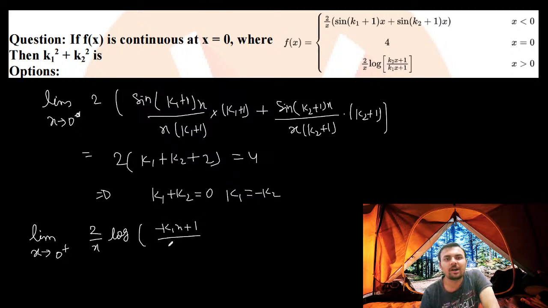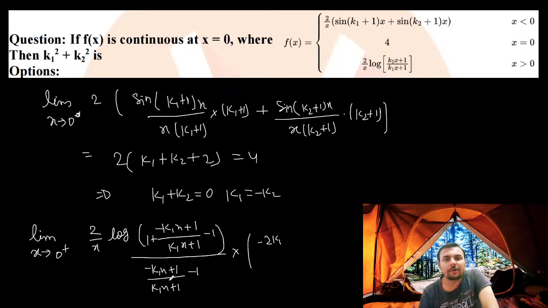Then (sqrt(k1 x plus 1) minus 1) upon x. If x tends to 0, it is 0 by 0 form, so we multiply and divide by the conjugate, sqrt(k1 x plus 1) plus 1. After calculation, this is 1, and from all this we get minus 4 k1 only, which is equal to 4.